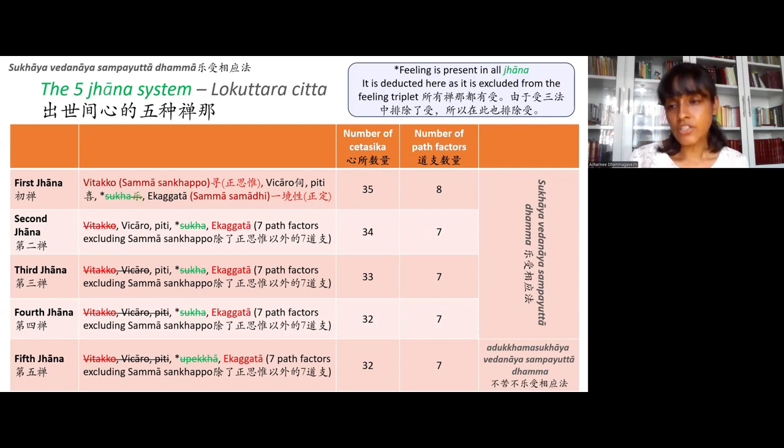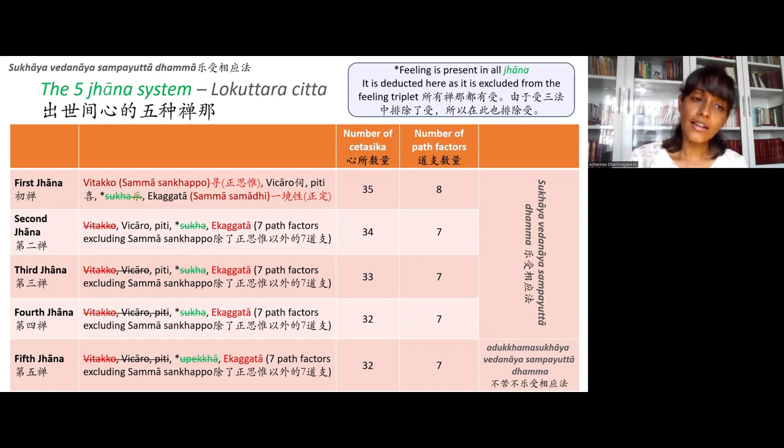So as I mentioned, the first, second, third, and fourth jhana are all associated with Sukha. So they are classified under Sukhāya Vedanāya sampayuttā dhammā. And it is only the fifth jhana that is classified under the third term, Adukkhamasukhāya Vedanāya sampayuttā dhammā.